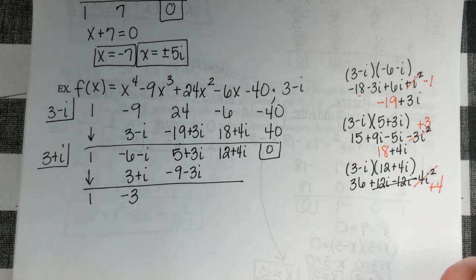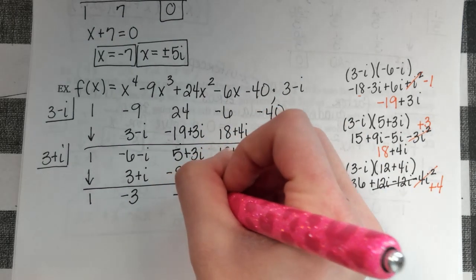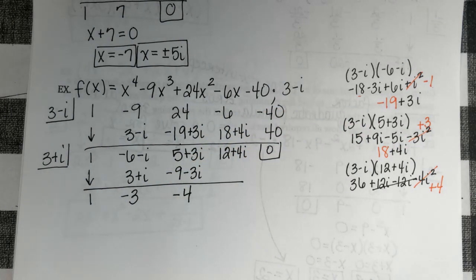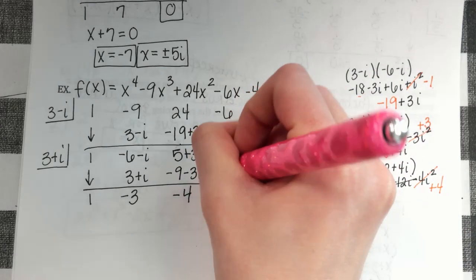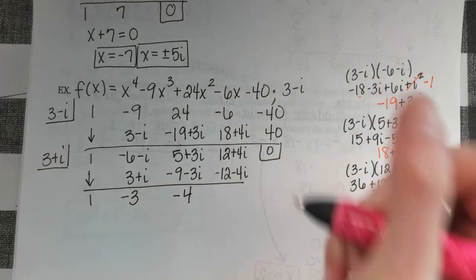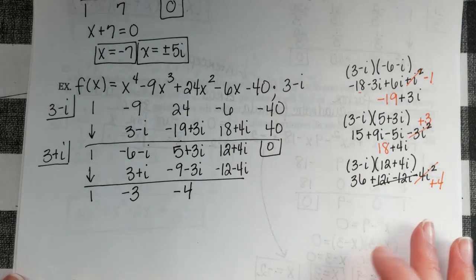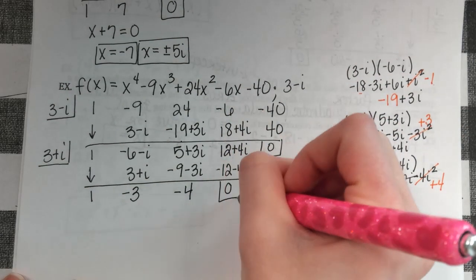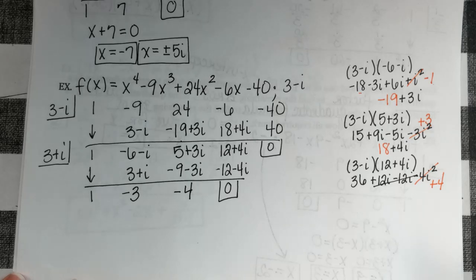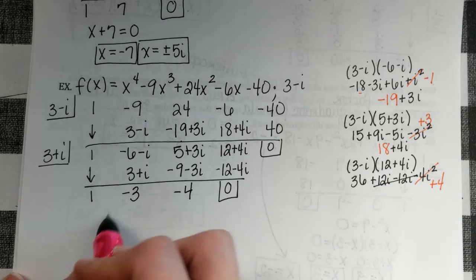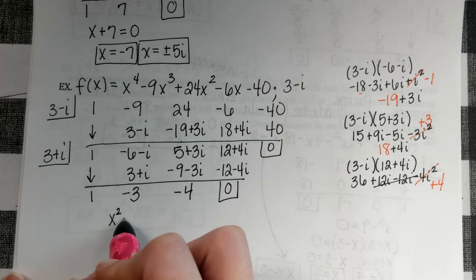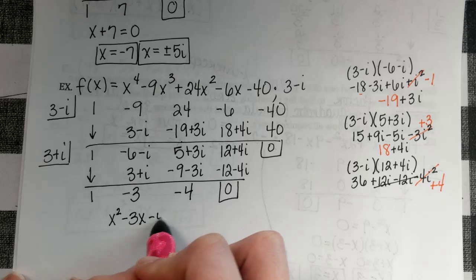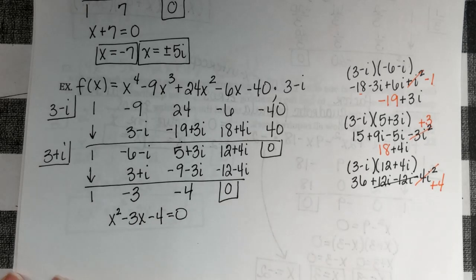i's cancel, leaving me with negative 4. Negative 4 times 3 plus i gives me negative 12 minus 4i. There's the 0 I need. So what do I have remaining? x squared minus 3x minus 4 equals 0.